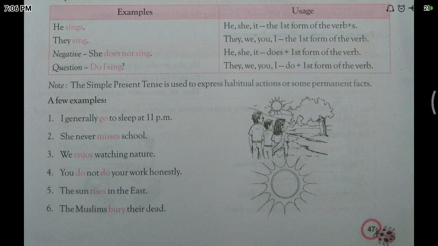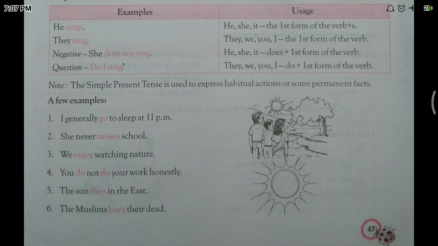The rule here also applies for do or does. If the subject is singular we use does, if the subject is plural we use do. Only I is an exception, as in the example you can see do I sing, but if it is he, then does he sing. If the subject was they, then do they sing.